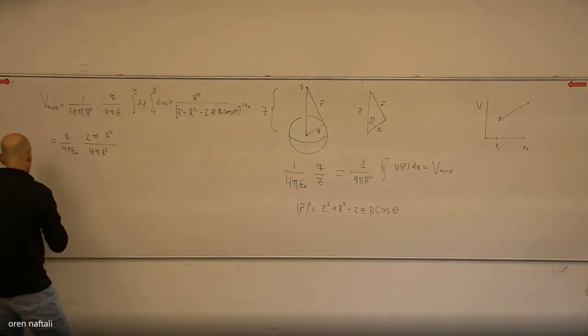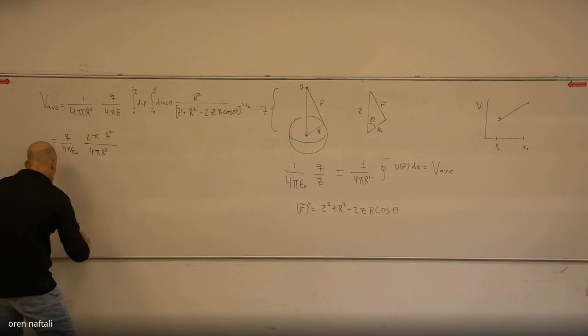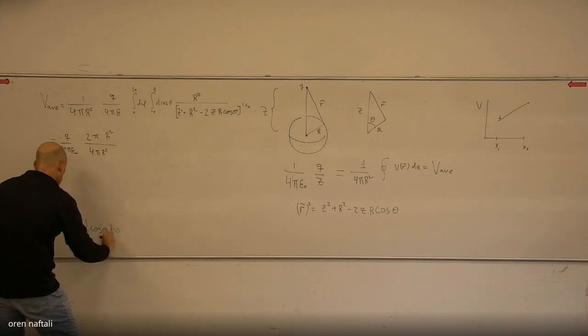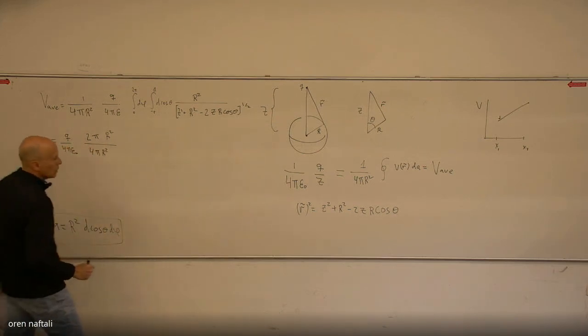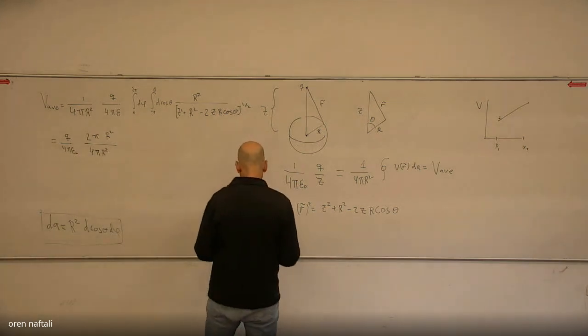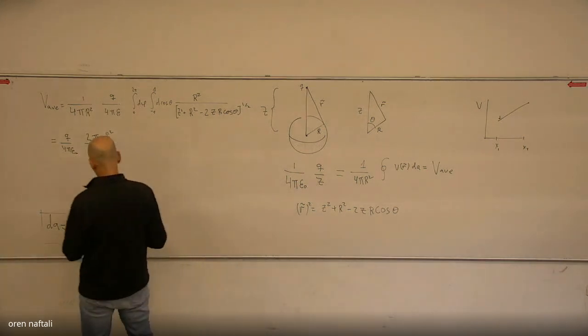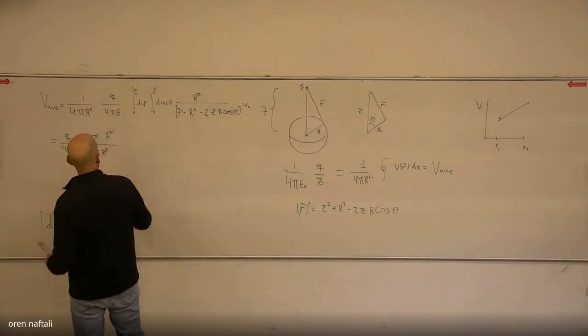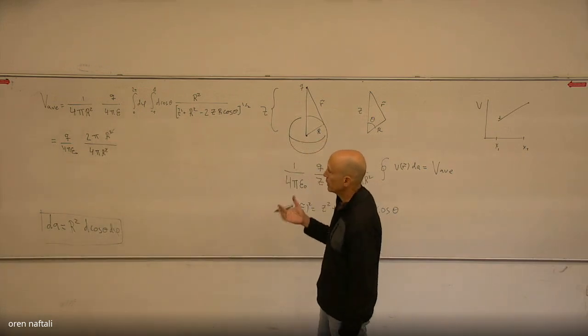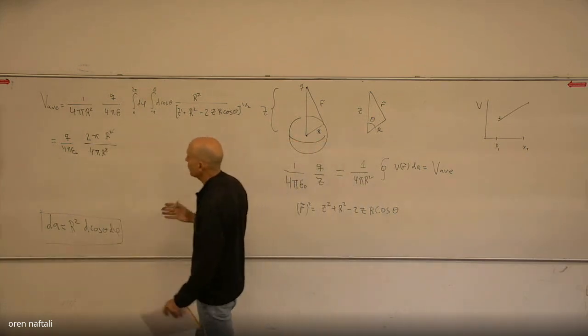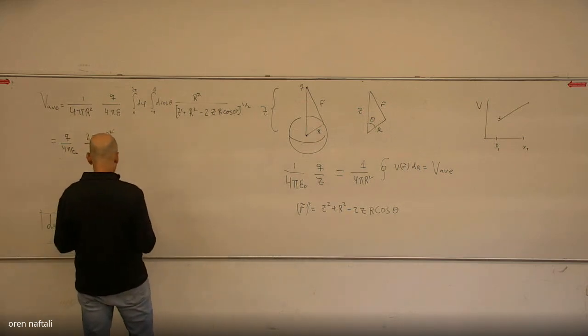So I use dA. dA is d cosine theta d phi, times r squared. Okay, so I have all this. Of course, this r squared will cancel, which is very good because the solution cannot depend on r. Whatever r you choose is good.